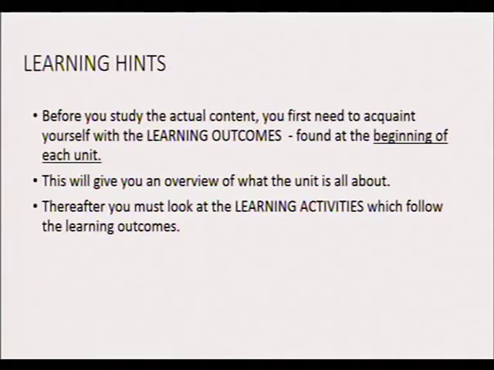For example, before you start studying the actual content that is covered in your guide, you first need to acquaint yourself with the learning outcomes. The learning outcomes are found at the beginning of each and every unit of your study guide. They will give you an overview of what the unit is all about.